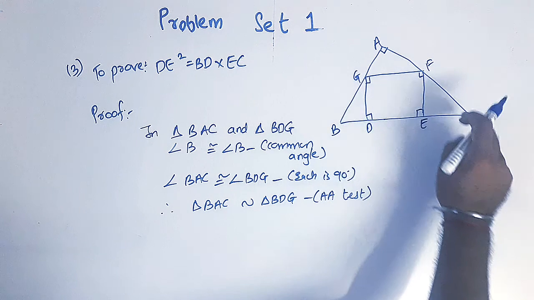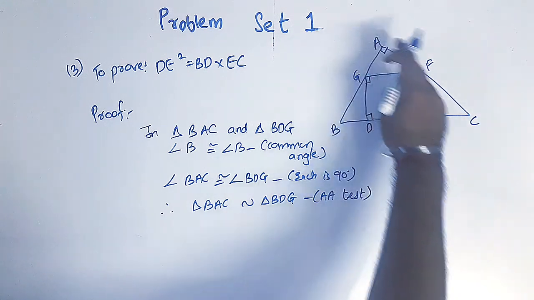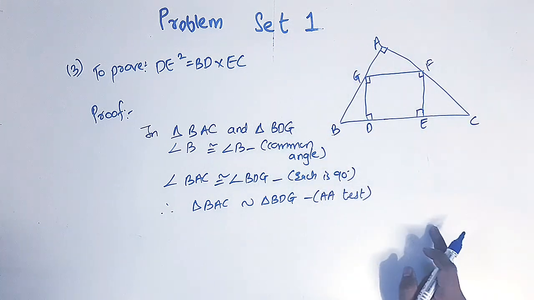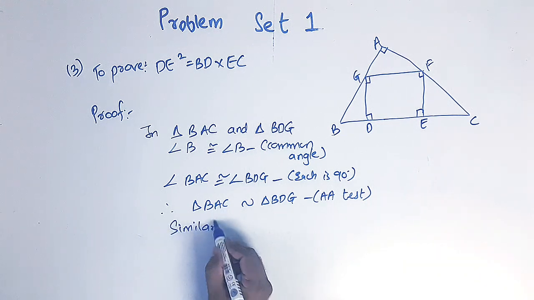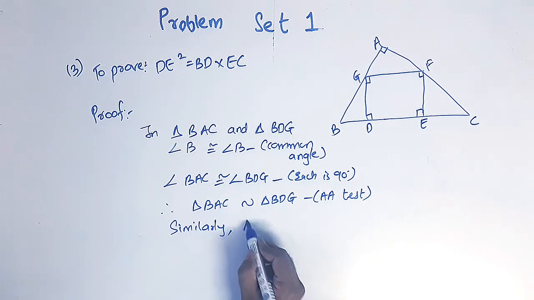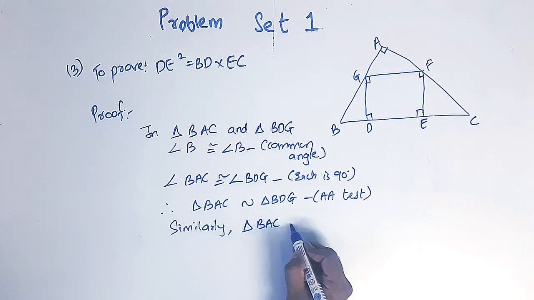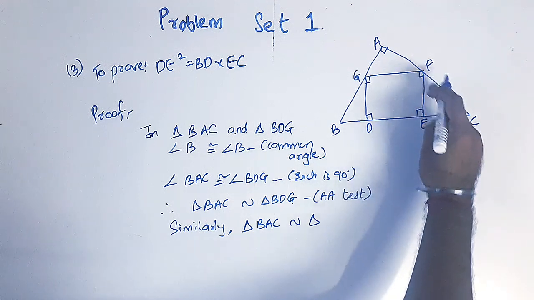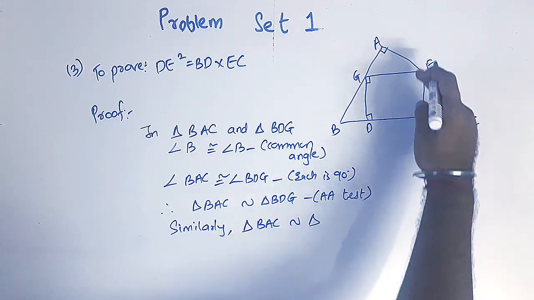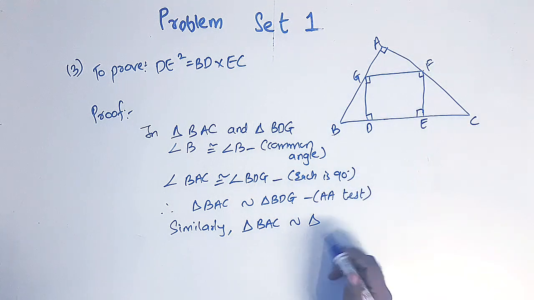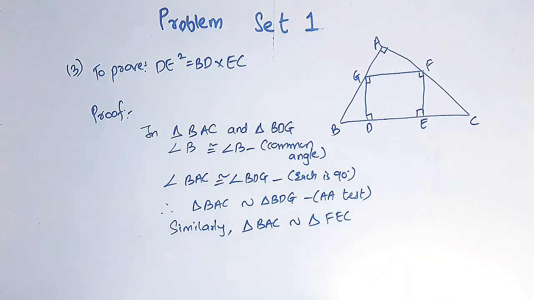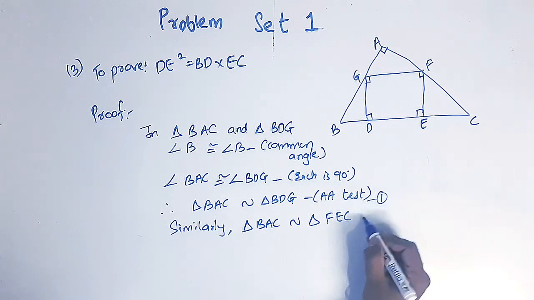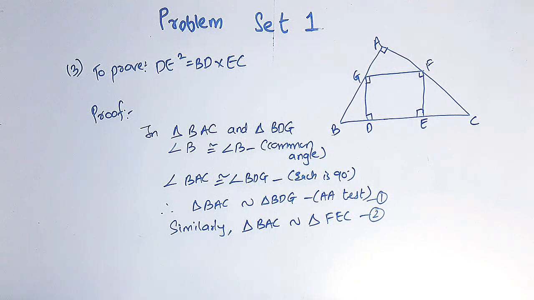Now as we proved these two triangles similar, the bigger one with the smaller one, similarly we can prove the other. No need to prove that, you can just write similarly triangle BAC will be similar to this smaller triangle. How will you write the correspondence? It will be FEC, not CEF. Triangle FEC. This you will give as point number 1, and this as point number 2.